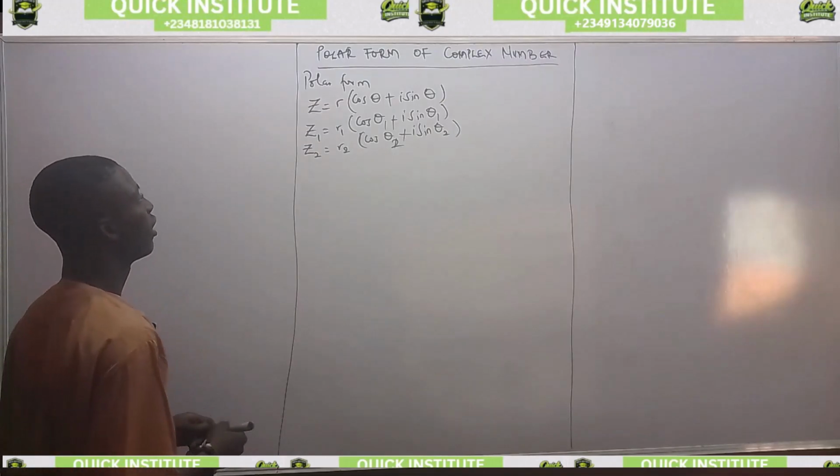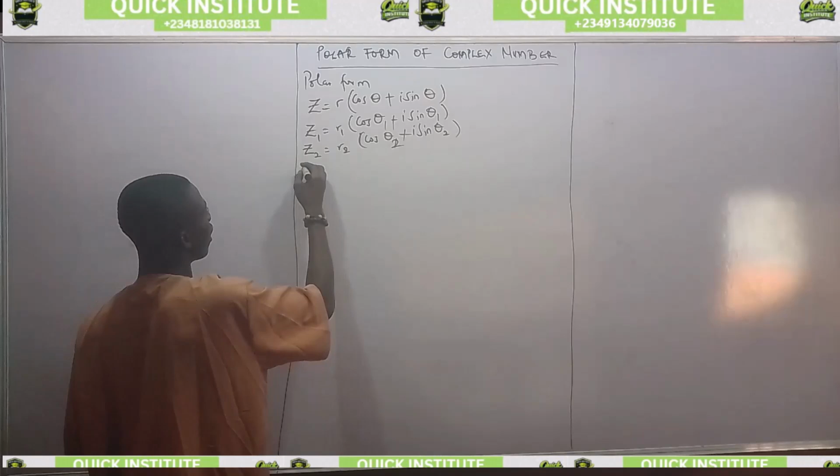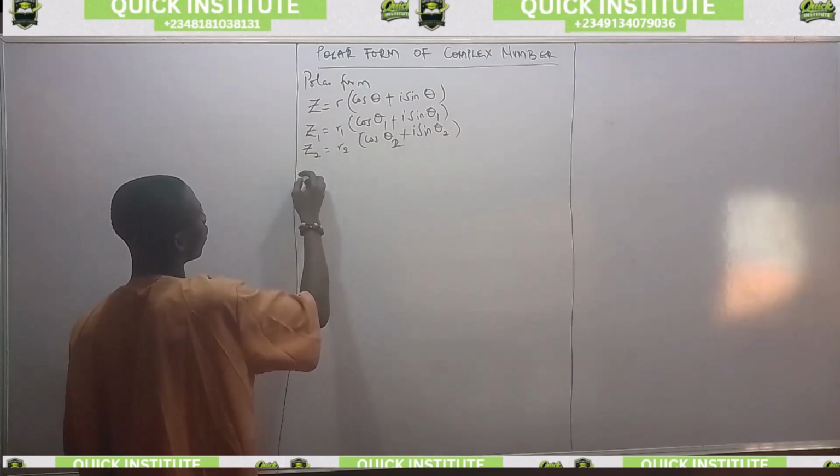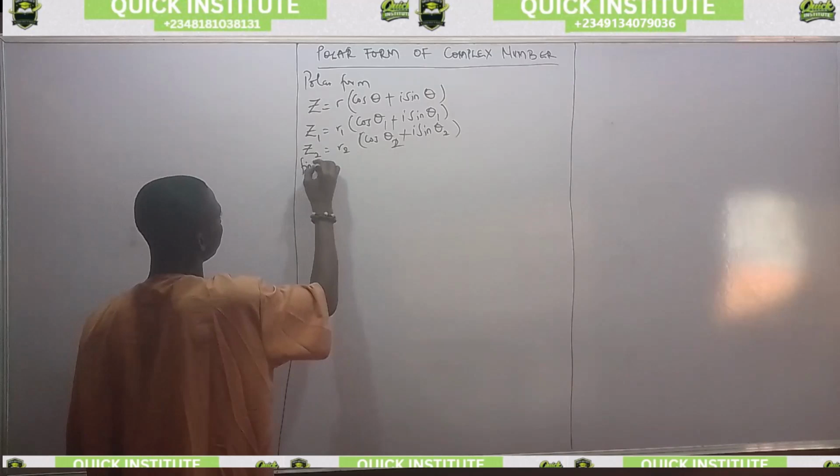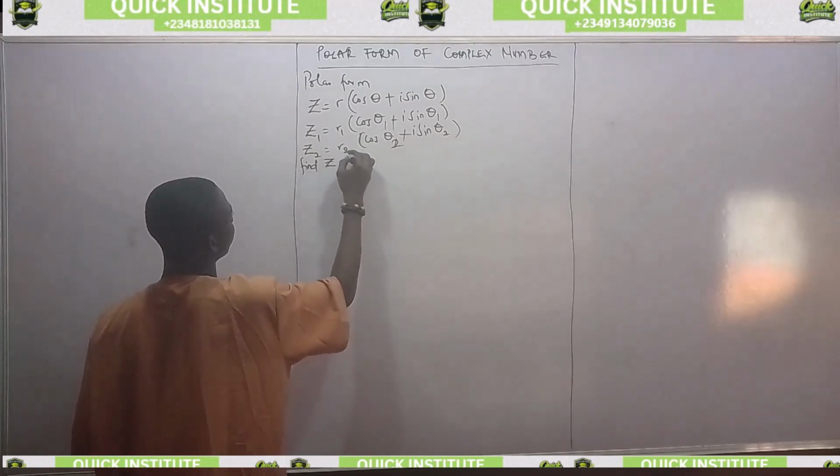Let's now find, as if they are giving you two complex numbers to multiply, and they say you should find z1 multiplied by z2.